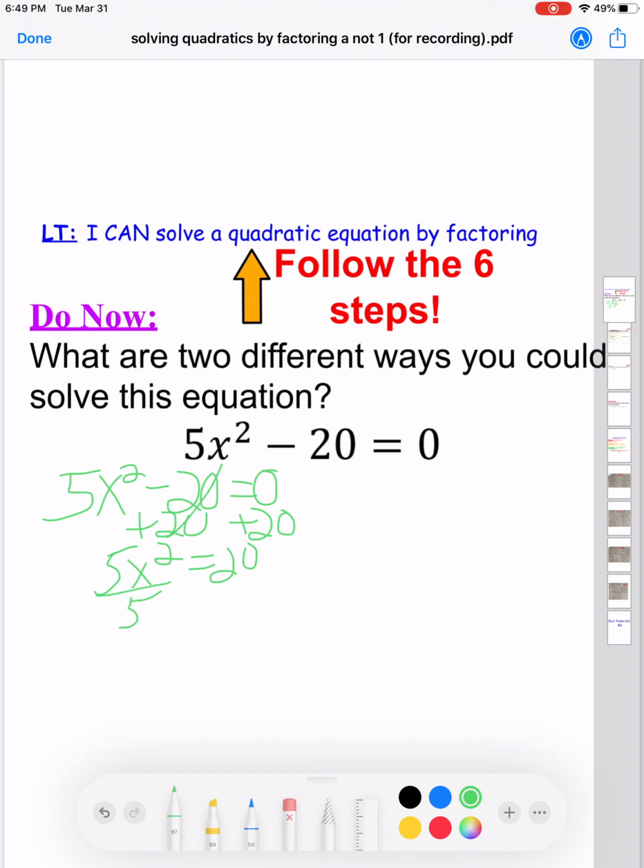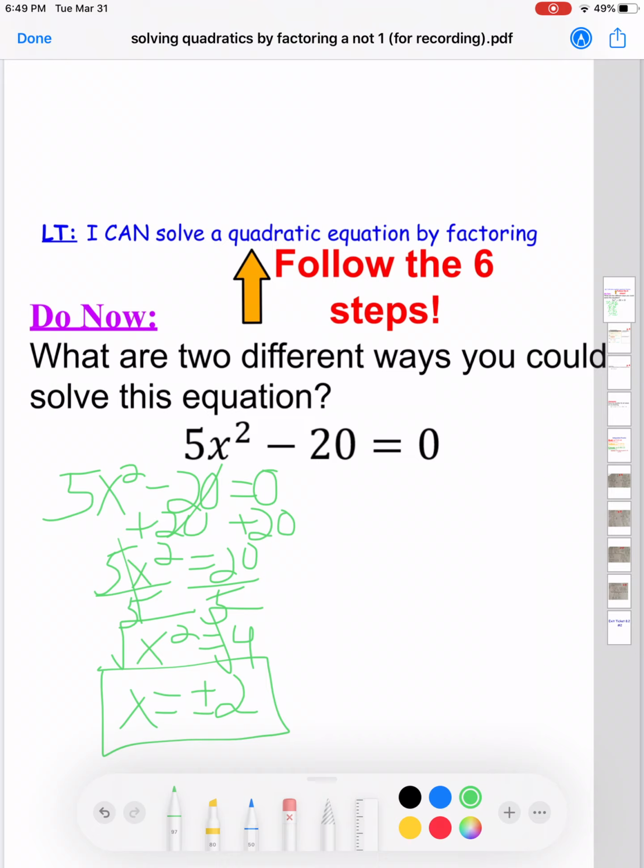Then I would divide both sides by 5 and be left with x squared equals 4. Then we take the square root and we would be left with both positive and negative 2, so we could write plus or minus 2. So again, that first method of solving is just using inverse operations and square roots.